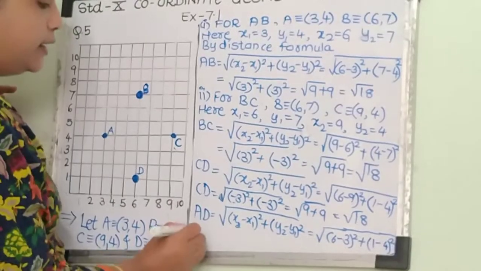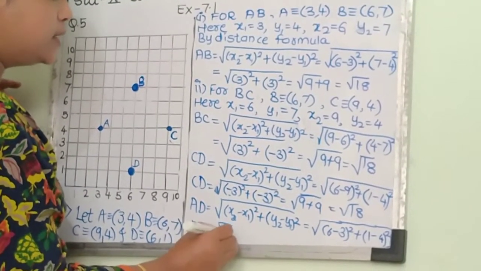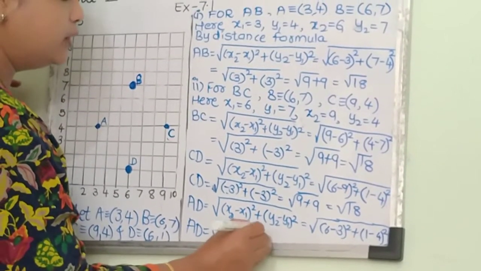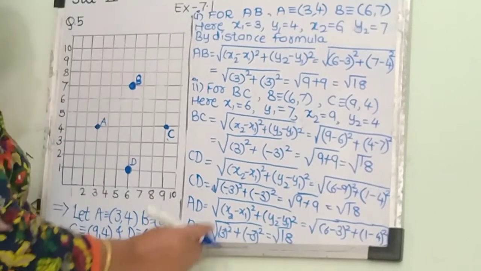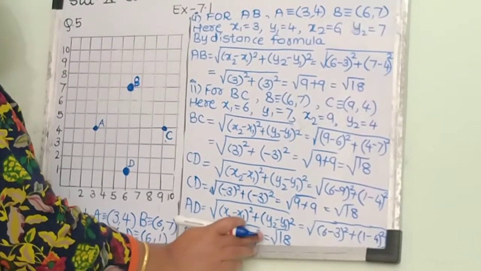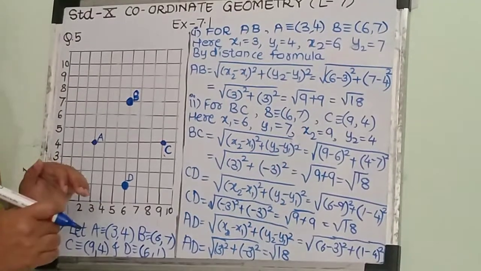So we get here again AD is equal to root of (6 minus 3) square plus (1 minus 4) square, that is minus 3 square. Again here we get root 18, because 3 square will be 9 plus (minus 3) square, it will be root of 18. So what we observe here?